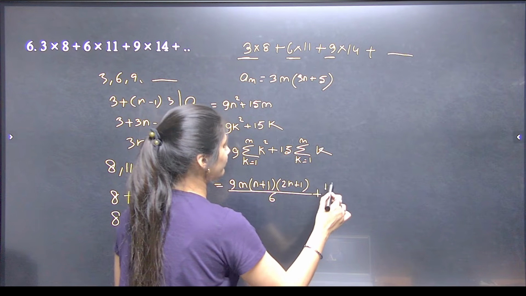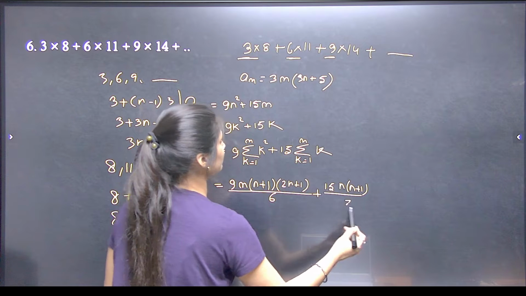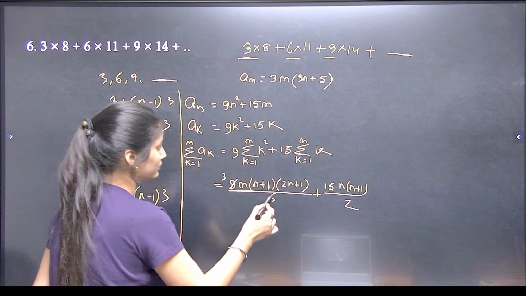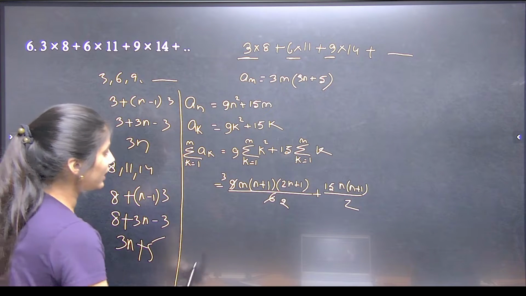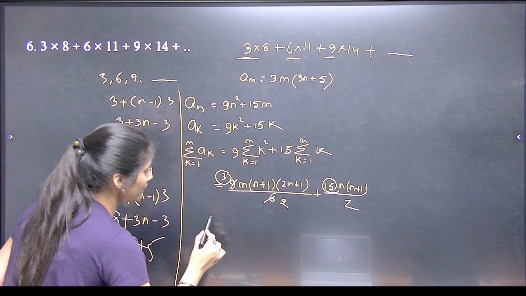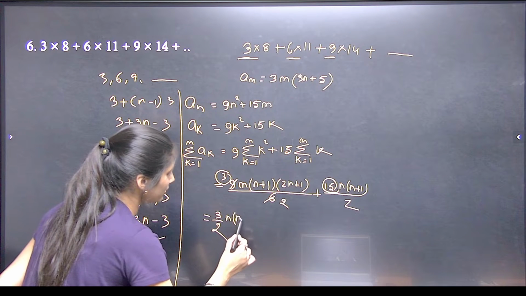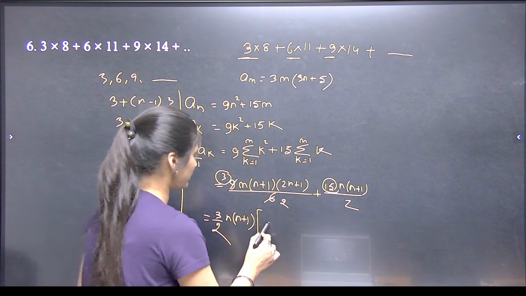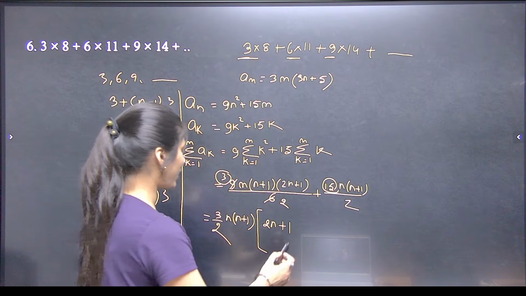And here we have 15 into n plus 1 by 2. Okay. So we have 2 at the denominator and we can take 3 from this and from this. So I am writing 3 by 2 as common, n plus 1. So in the first group we have 2n plus 1, and in the second group we have 5.